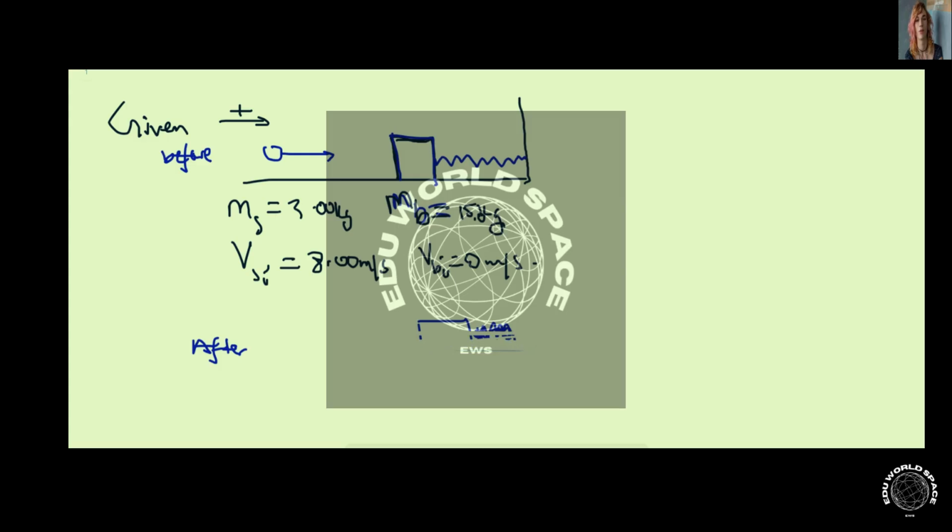Obviously, you see what's going to happen when there's a collision. It's going to be a push. So we still have the same scenario, but this time something new has happened. The stone has collided with the block.